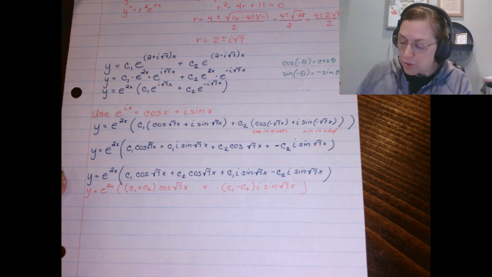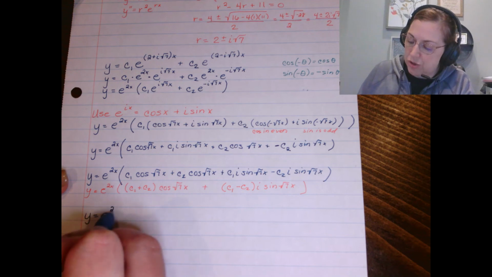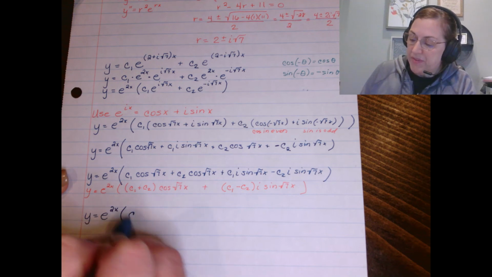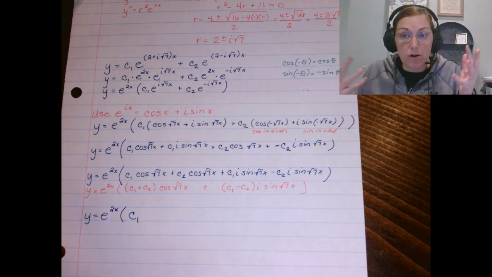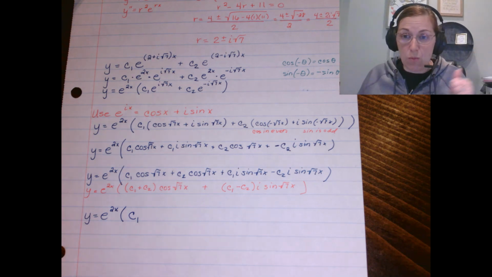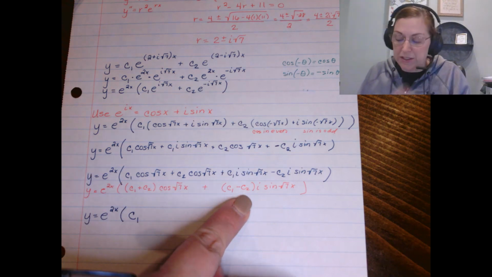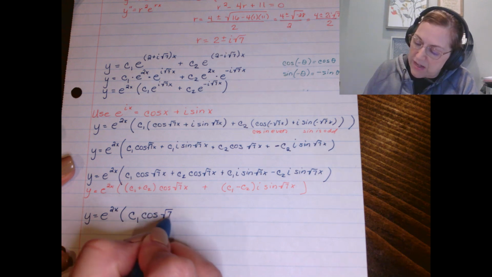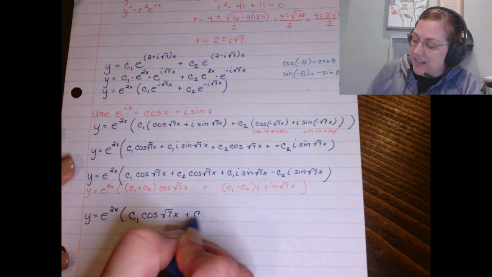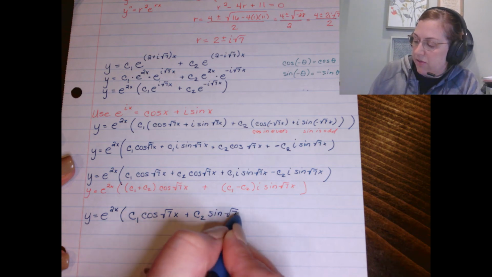So we actually can simplify this down to y equals e to the 2x times a constant, and I just labeled it 1. You could do 3 or 4 or whatever number of constant you want. This constant just has to be different than this one. That's the only difference. C1 cosine square root of 7x plus C2 sine square root of 7x.